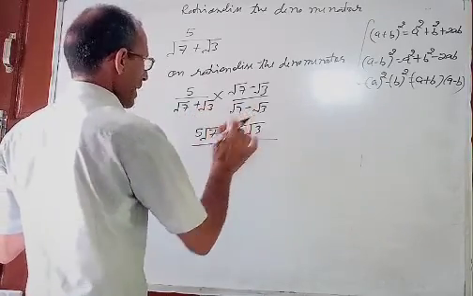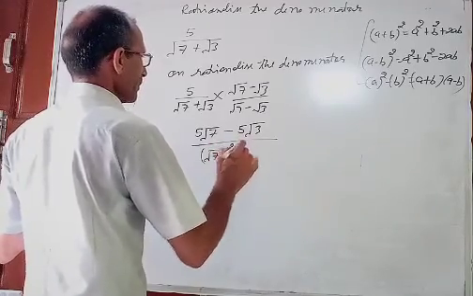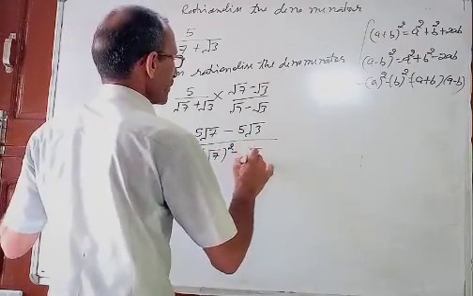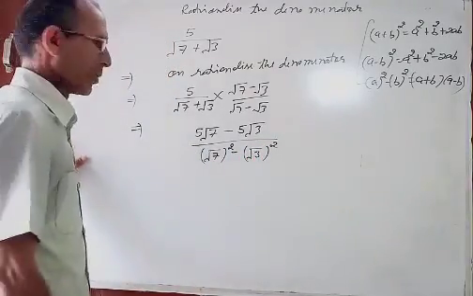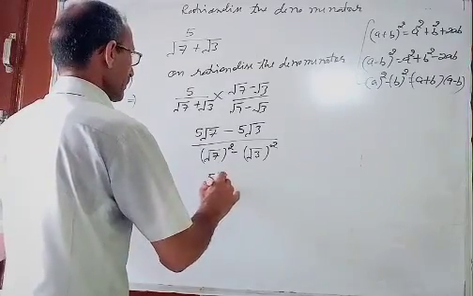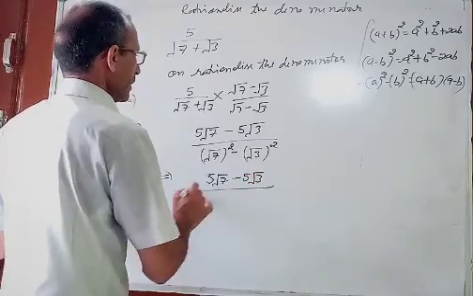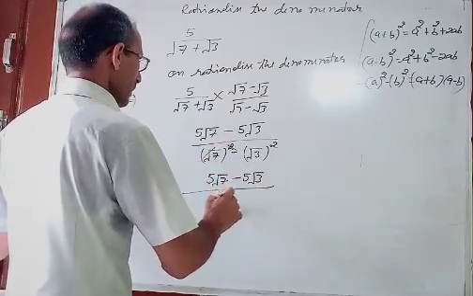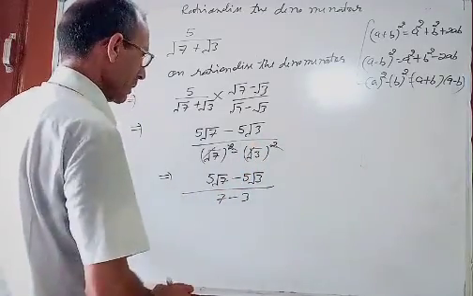A plus b, a minus b: root 7 square minus root 3 square. So 5 root 7 minus 5 root 3. Square cancels with square root, so 7 minus 3.